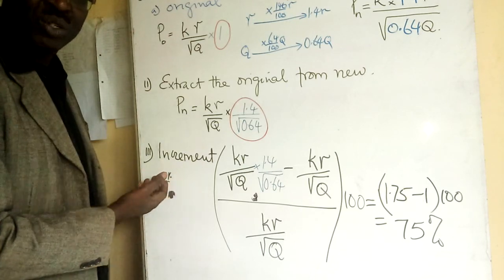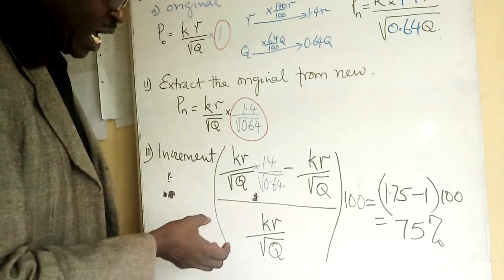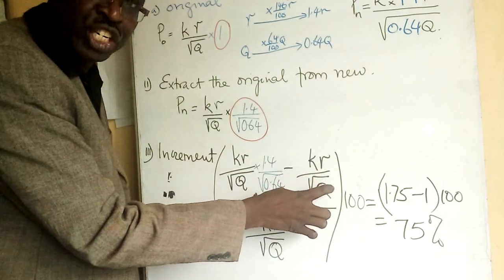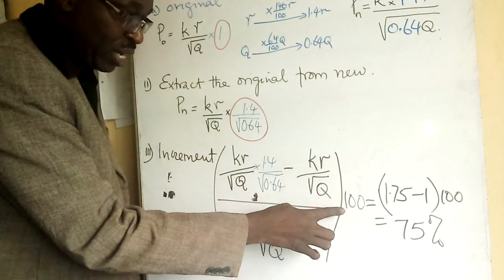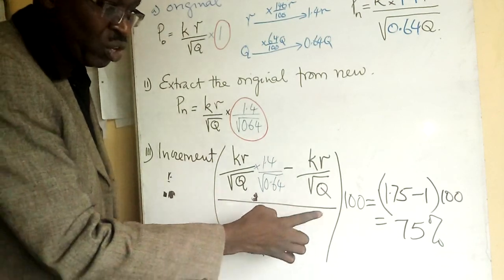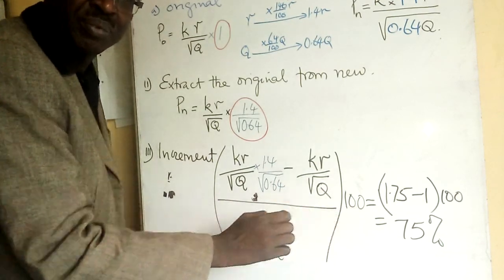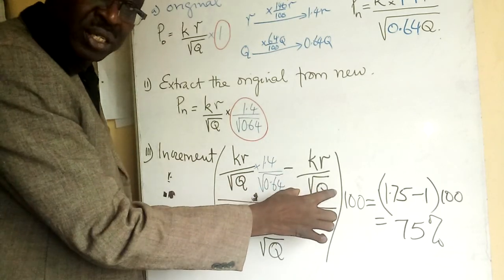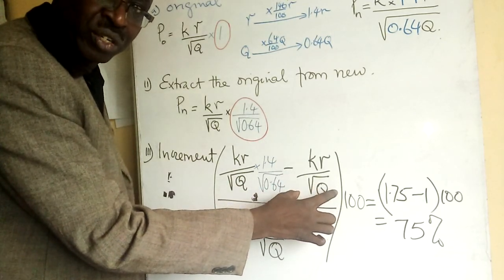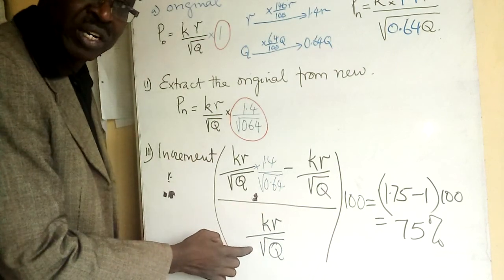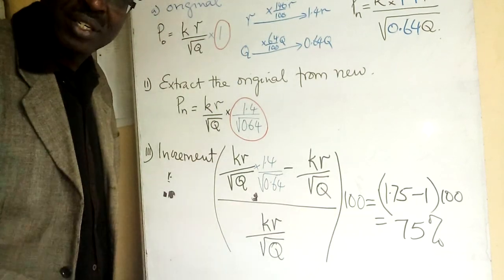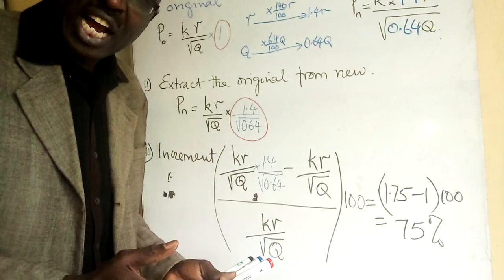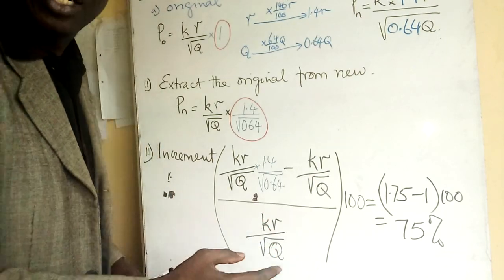If I want to know the increment, I take the new minus the original, divide by the original value times 100. That is percentage change. So how do you know it is an increase or a decrease?